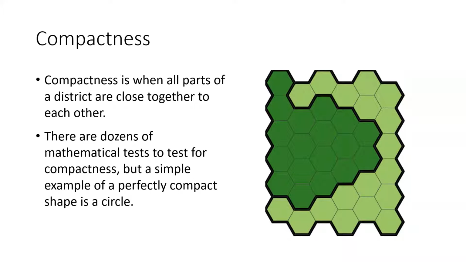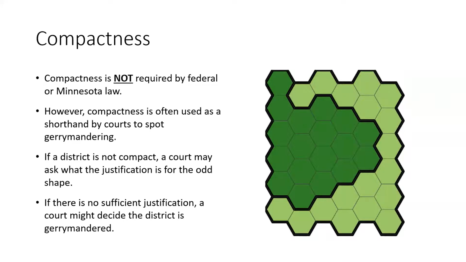Another fairly compact shape might be a square, is what some people think of. It's not long and drawn out and snakes around, like a spiral, that's not compact. A weird long snake shape, that's not very compact. A star, that's not very compact because it goes in and out. But a circle is perfectly compact.